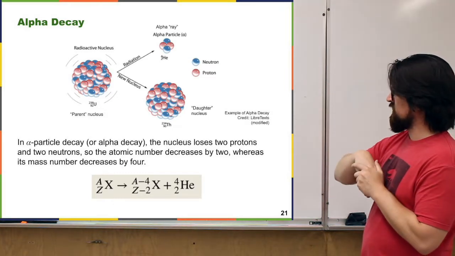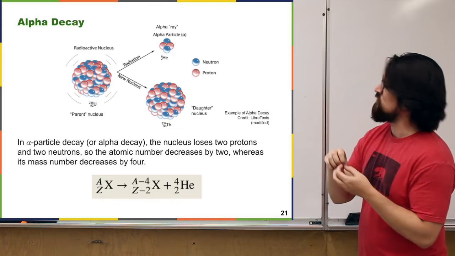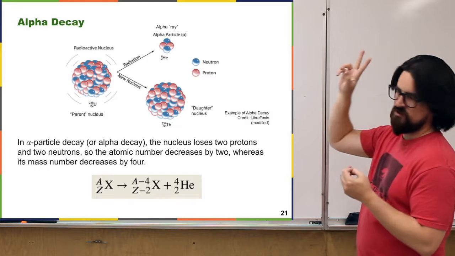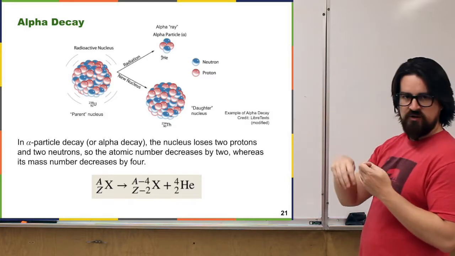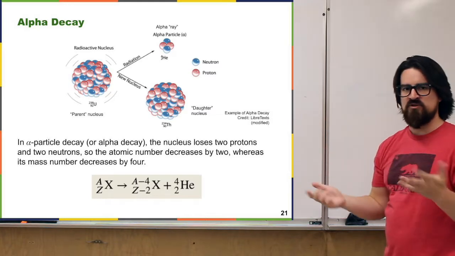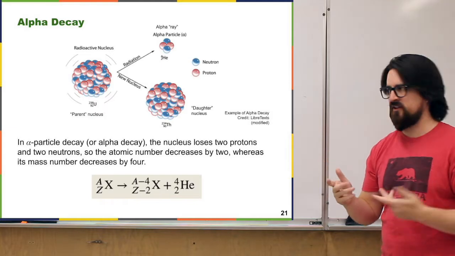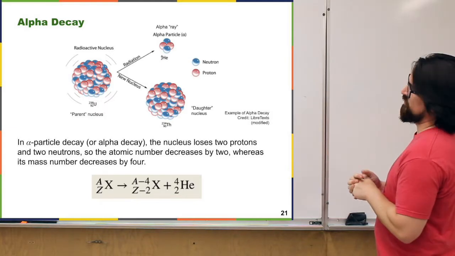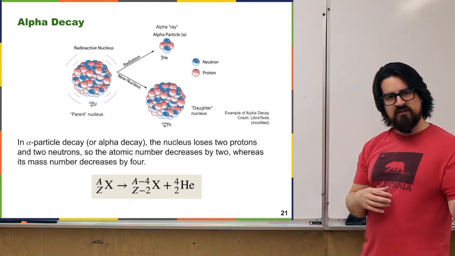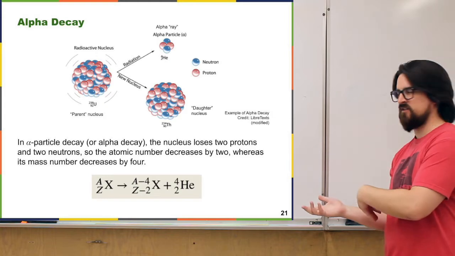You start out with, say, a uranium nucleus, and 2 protons and 2 neutrons get pushed out of it. That 2 protons, 2 neutrons, that's the alpha particle. That's what we call the alpha ray. The thing that's left over is something with 2 fewer protons and 2 fewer neutrons, thorium. This is just an example of an alpha decay. There are plenty of other elements that go through alpha decay. When you're talking about decays, you often talk about the parent nucleus as the beginning thing, and the daughter nucleus is the thing that it ends up with.